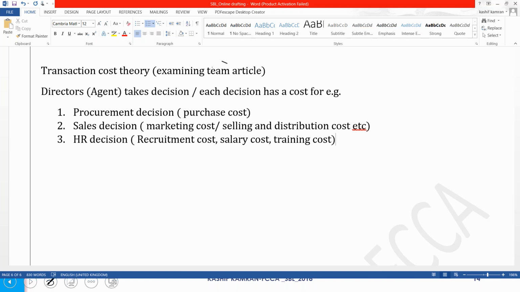And that is transaction cost theory. It says with each decision of a director, there is a cost. So if a director takes a capital expenditure decision, there is a cost, the cost of buying the assets.